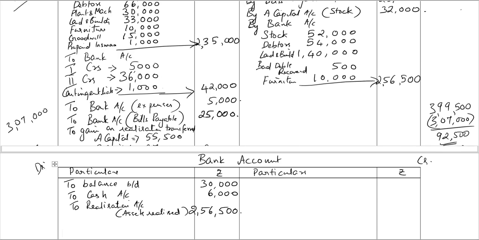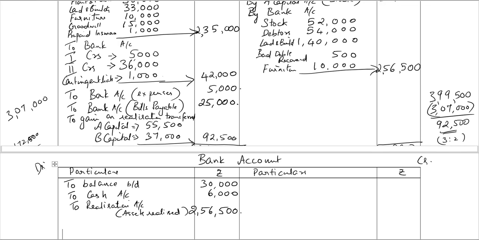Let's get the information of payment for liabilities by realization account. Liabilities paid 42,000 rupees by realization account.